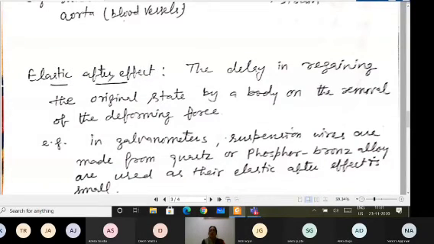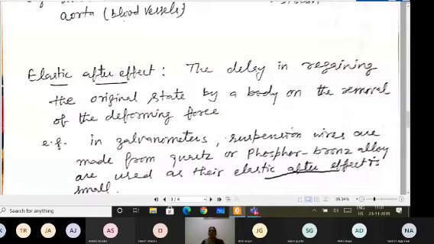So we want the elastic after effect to be very small, or none at all. It means it should be dead beat. In galvanometers we use suspension wires made from quartz or phosphor bronze alloy, because these materials, these alloys, we have made for this purpose, have a small elastic after effect.